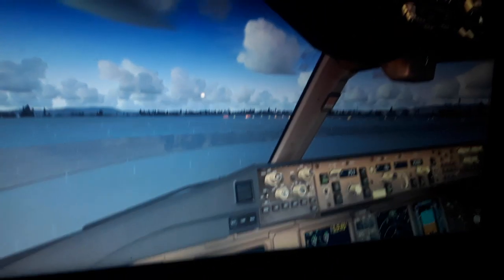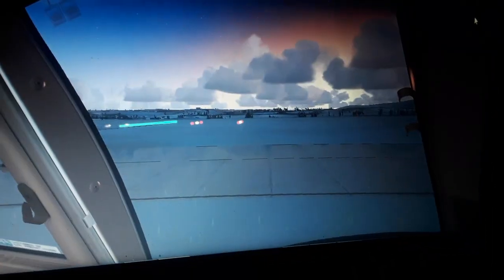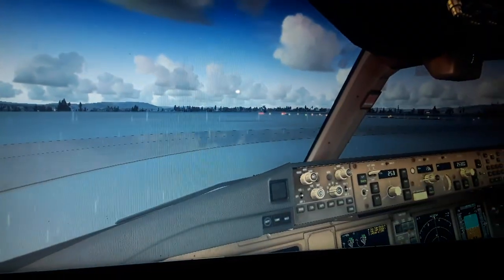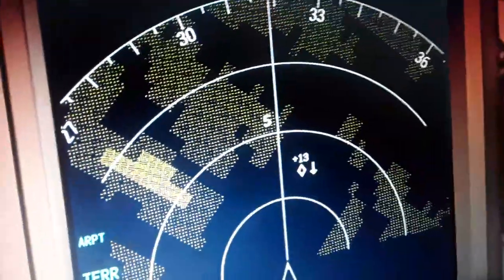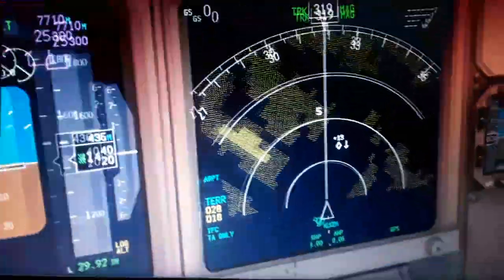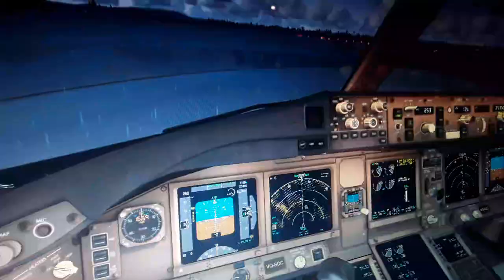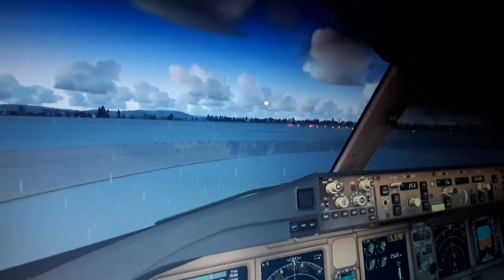You can see it is coming, an aircraft coming for landing. Plus 1,300. It's coming down. It's descending, and you can see it's blinking.